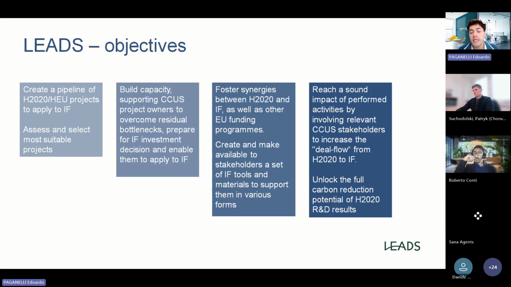Another very important objective is reaching a sound impact of performed activities by involving relevant CCUS stakeholders to increase the deal flow from Horizon 2020 and the Innovation Fund, and of course unlocking the full carbon reduction potential of R&I results within Horizon 2020.